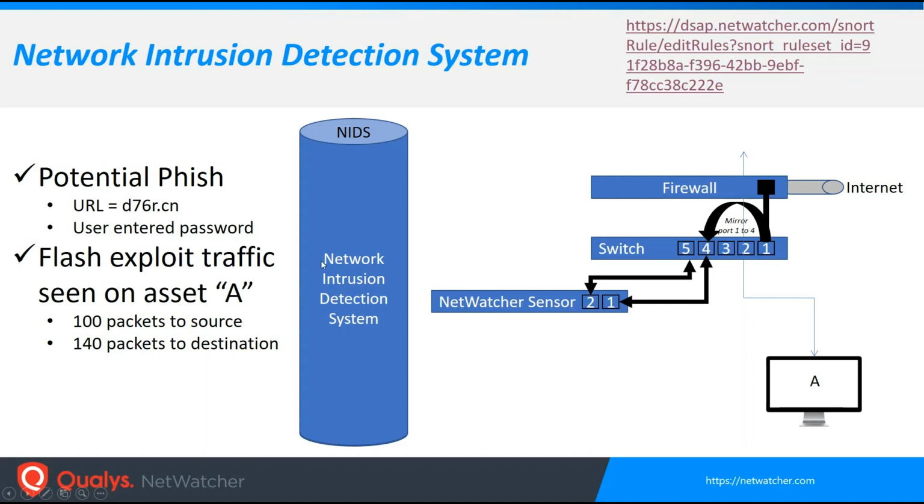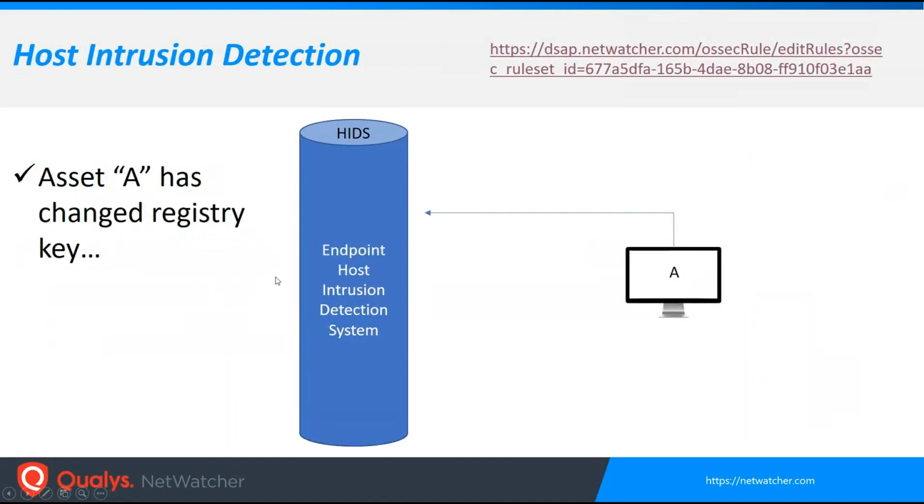So in this example, this caught a phishing message or a potential phishing message that it's seen, and it also saw that 100 packets were coming in from the source and 140 to the destination. That's that modification we made to Suricata. Then we might see the host pop up that clicked on that phishing message, and it says, hey, I changed the registry. And this might have occurred 5 milliseconds or 30 minutes after that occurred.